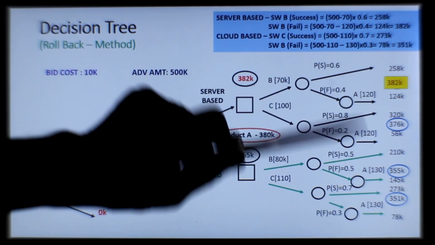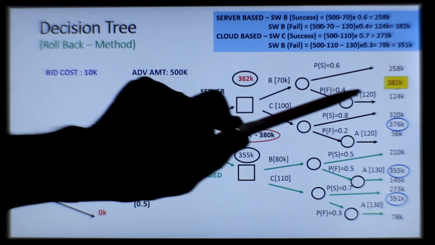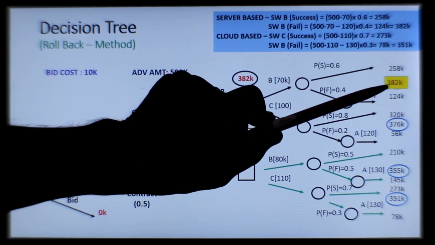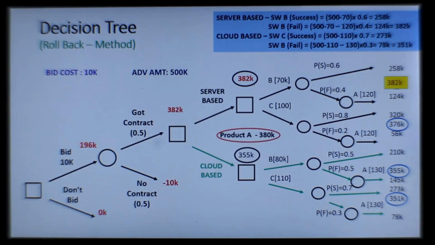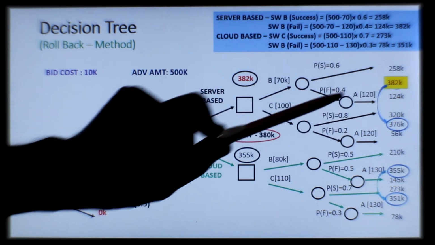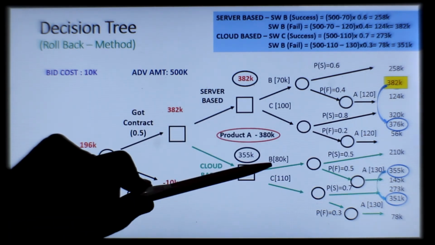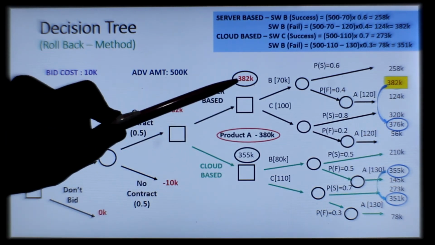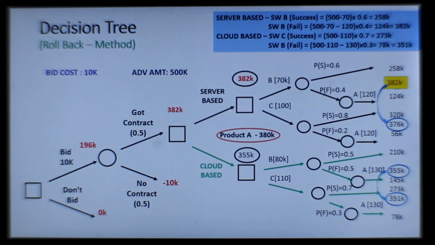So at this stage, product B seems to give the better expected return, that is 382K. And what you do now is roll back. Out of these two, your choice is product B, and out of these two, your choice is product B. This gives a 382K return, and this gives a 355K return as the expected return.